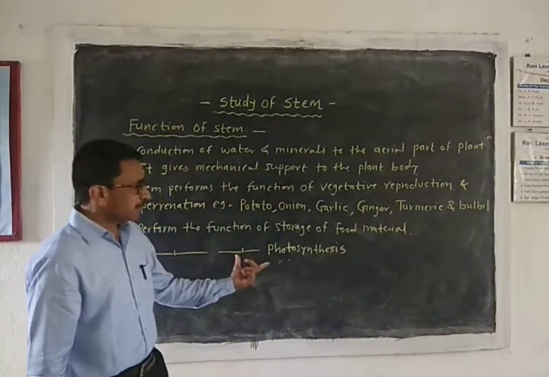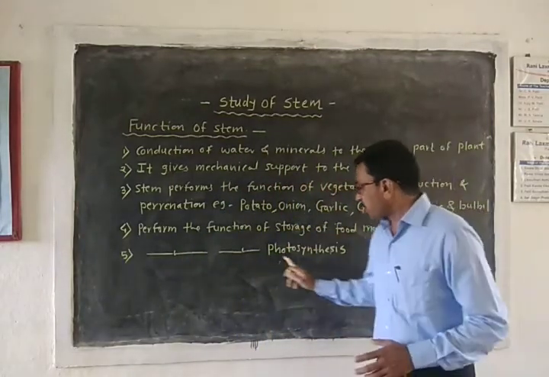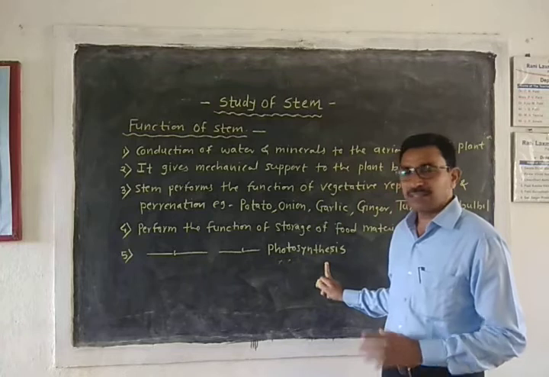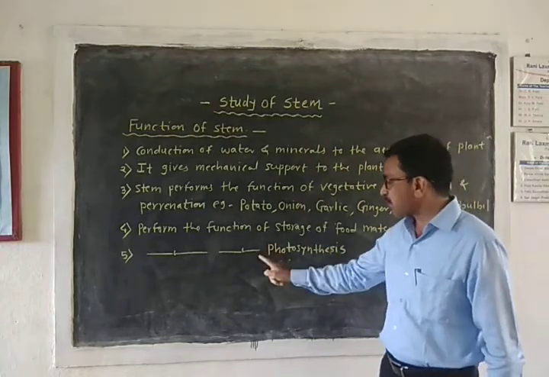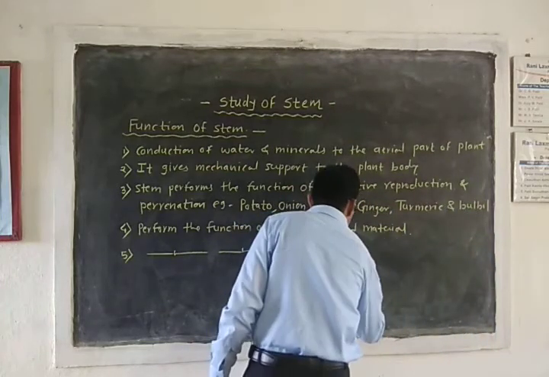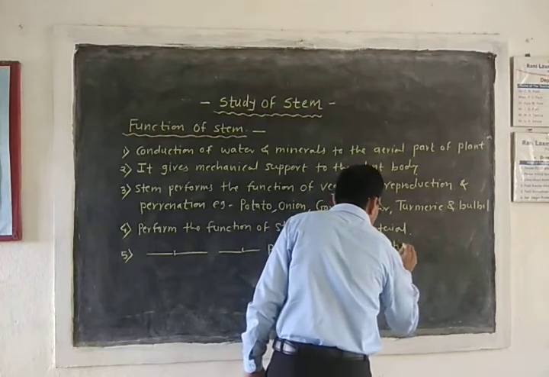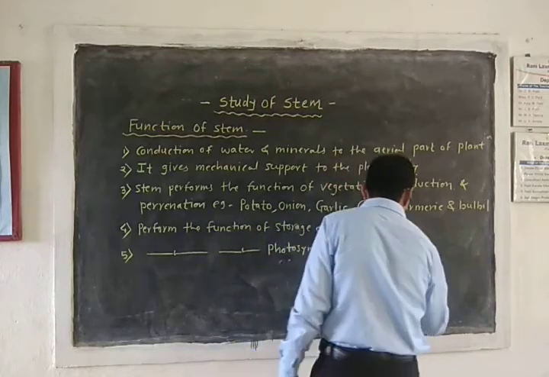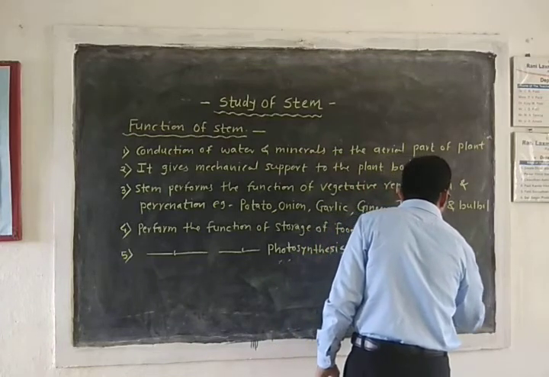Generally, the function of photosynthesis is done by the leaves, but sometimes the stems also perform the function of photosynthesis. Example is Opuntia, which is called a phylloclade.